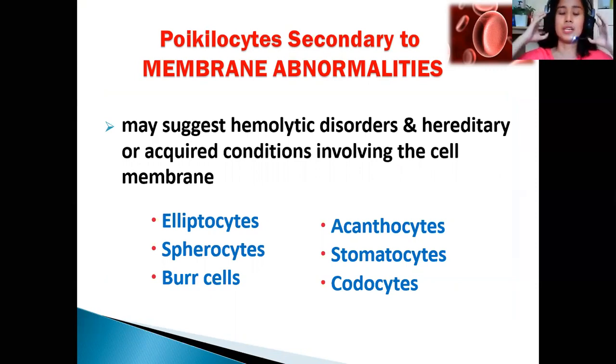Okay, let's start. Poikilocytes mean abnormality or variance in shape. Poikilocytes are secondary to membrane abnormalities. Notice, guys, since they are membrane abnormalities, I want you to look at what is abnormal in them. Which part of the membrane?